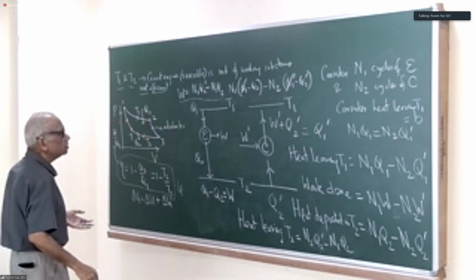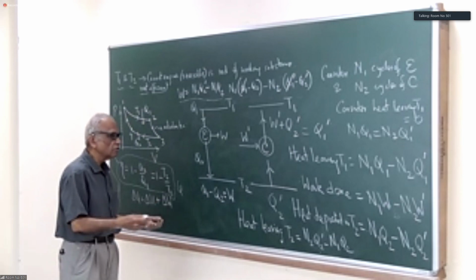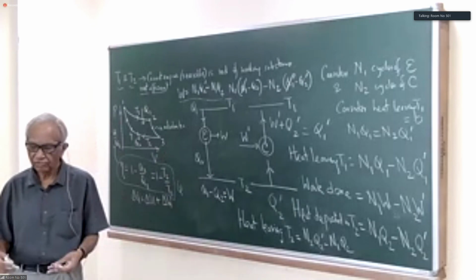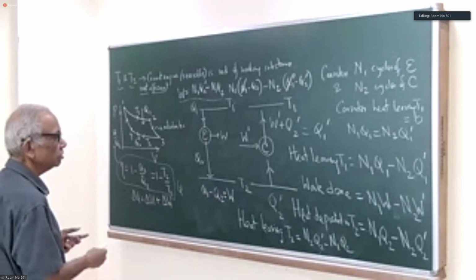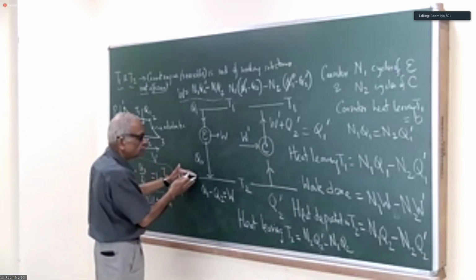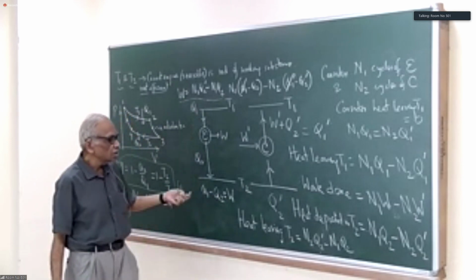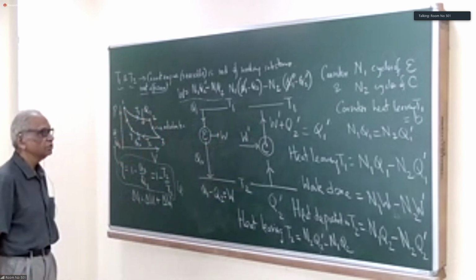So it is not possible for you to have an engine whose efficiency is greater than the Carnot engine. So of all engines running between temperatures T2 and T1, the Carnot engine has the maximum efficiency.